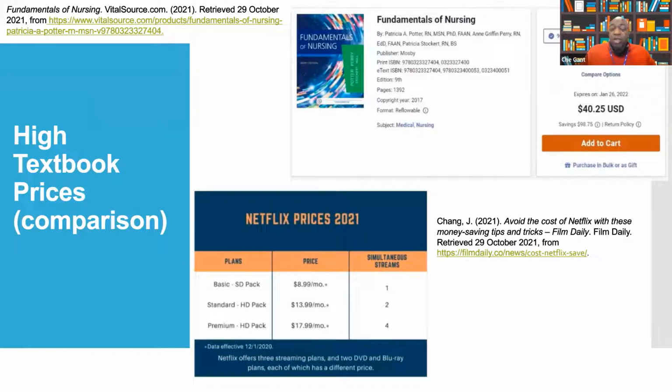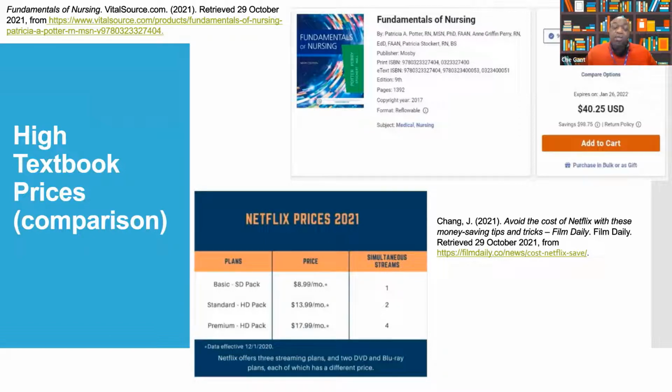So when we look at and consider OER content, it is free at the point of service. Meanwhile, if we're looking at just book or ebook, the top picture will show just an example from VitalSource, and it'll show the option to rent a book at about $40 per semester. Depending on the book, sometimes those costs can be a little bit lower or a little bit higher.